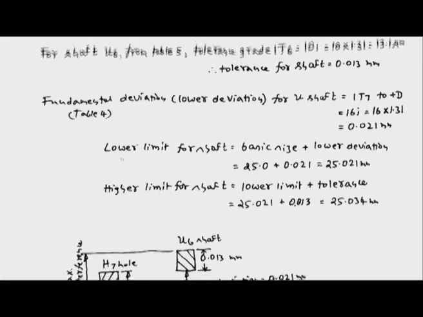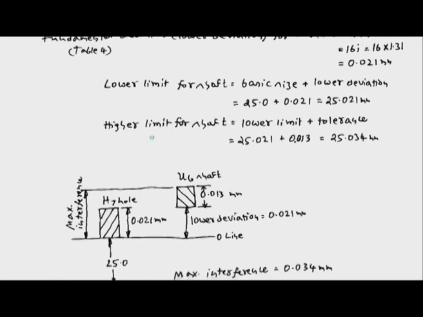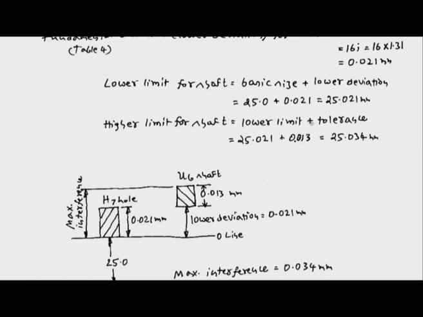So now we can find the limits for the shaft. The lower limit for the shaft is equal to the basic size of the shaft, that is 25 millimeter, and then we have to add the lower deviation, that is 0.021 millimeter, then we get the lower limit of the shaft as 25.021 millimeter. Now the higher limit for the shaft is equal to lower limit plus tolerance value, that is 25.021 millimeter plus 0.013 millimeter, then we get the higher limit of the shaft equal to 25.034 millimeter.